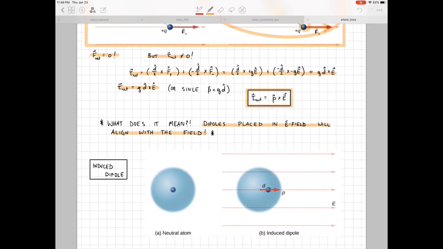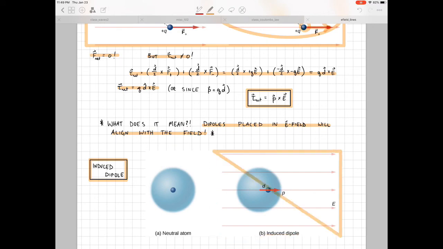The last thing we're going to mention is that it's possible for things like atoms, when they're placed in an electric field, to have dipole properties, and that's because placed in an electric field, the atom can be an induced dipole, and so that's what we've got pictured over here on the right.